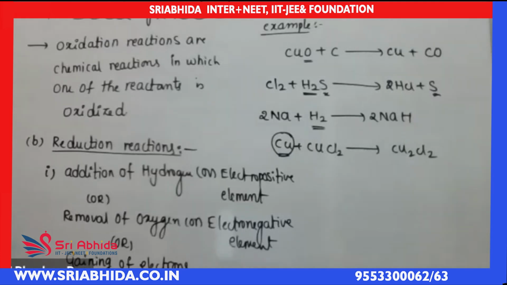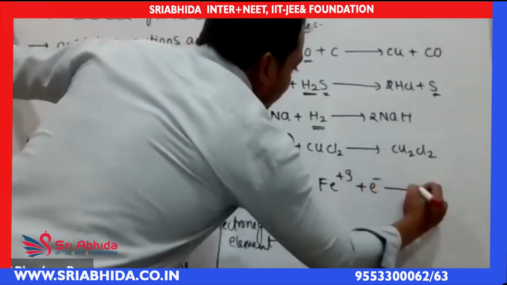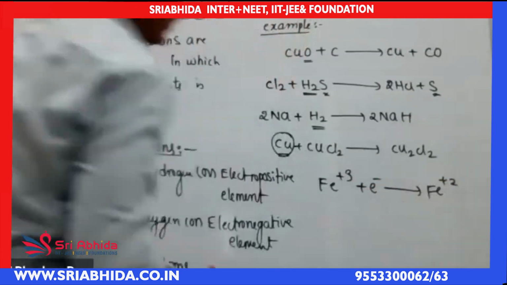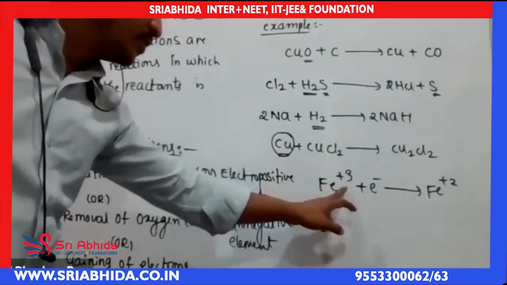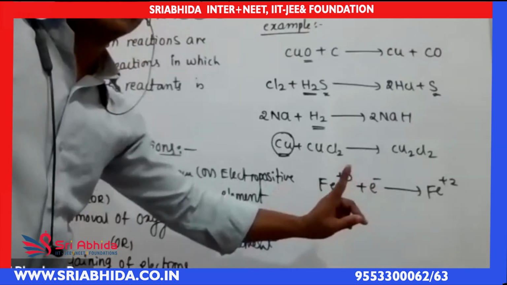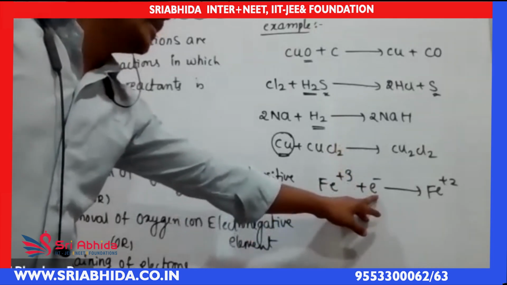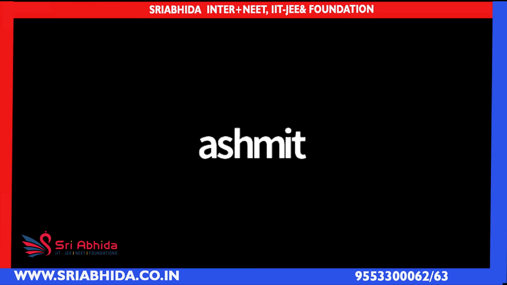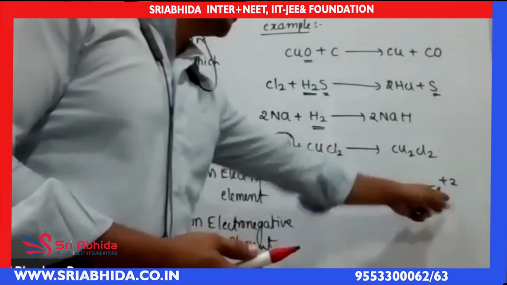Another example: Fe3+ is present, and with addition of one electron it converts into Fe2+. Fe3+ is positive, the added electron is negative: plus 3 minus 1 gives plus 2.